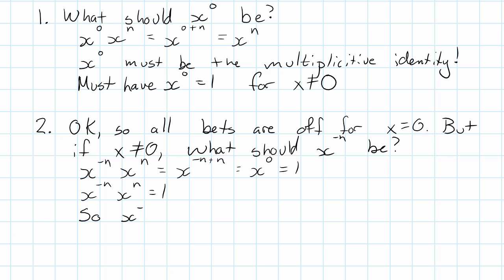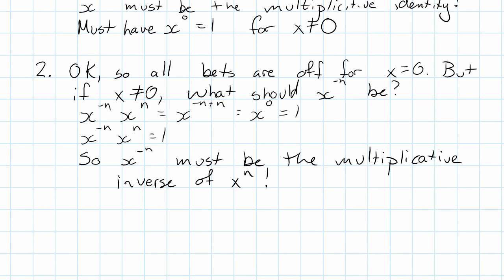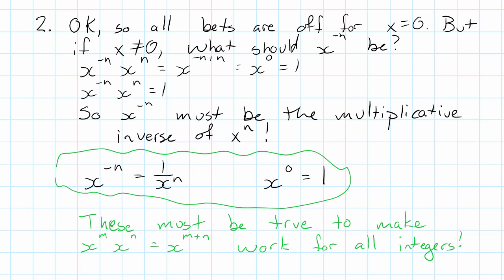So x to the negative n must be the multiplicative inverse of x to the n. That x to the negative n equals 1 over x to the n, and x to the 0 equals 1, that seemed like such weird definitions. Those have to be true in order to make x to the m times x to the n continue to equal x to the m plus n for all integers m and n instead of just the natural numbers.